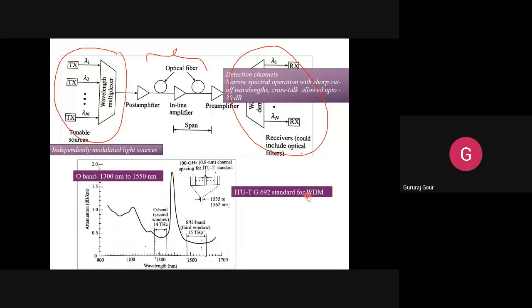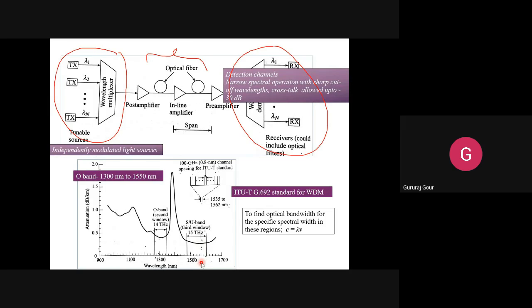So it allocates another wavelength range over which WDM is required to operate for specific applications: 1535 to 1562 nanometer, supporting 100 gigahertz. Another one it is going to operate in is the SU band here, from above 1500 to around 1600, supporting a 15 terahertz band.